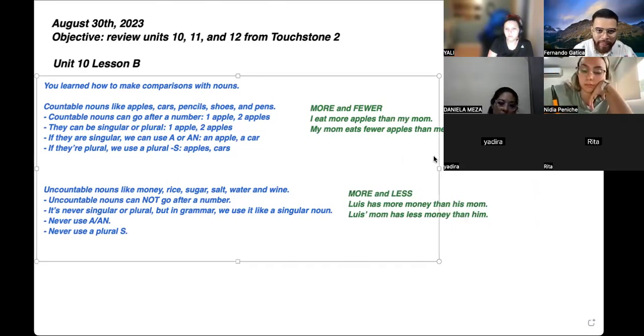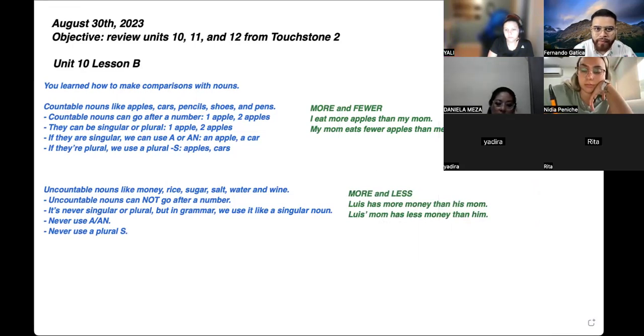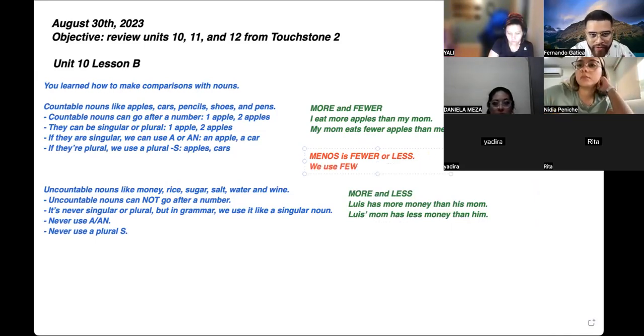So remember this. Menos is fewer or less. We use fewer with countable nouns. And we use less with uncountable nouns.